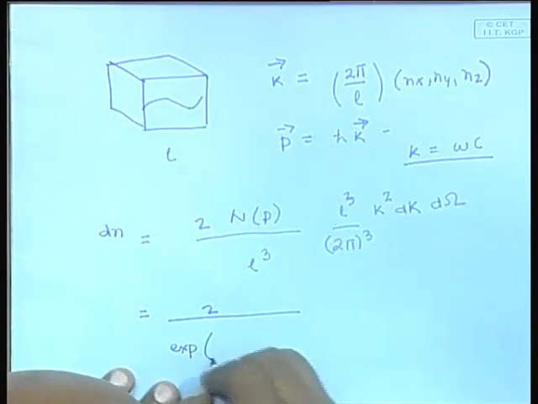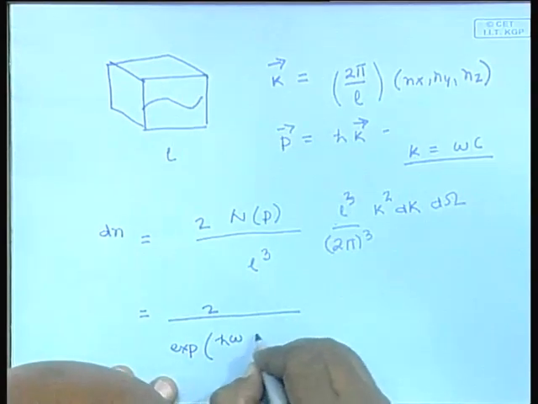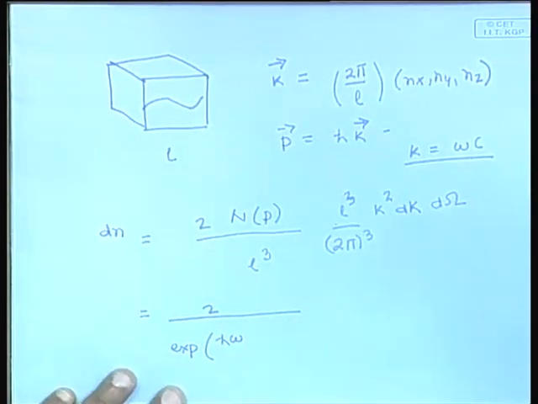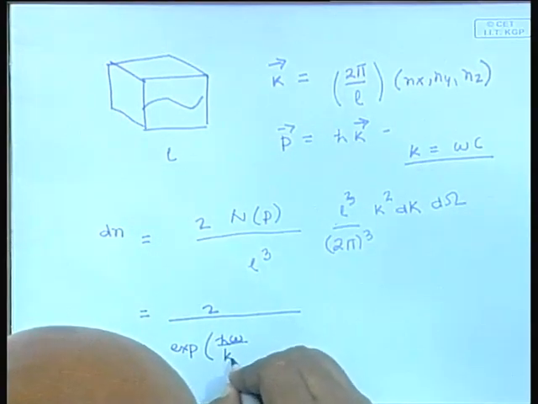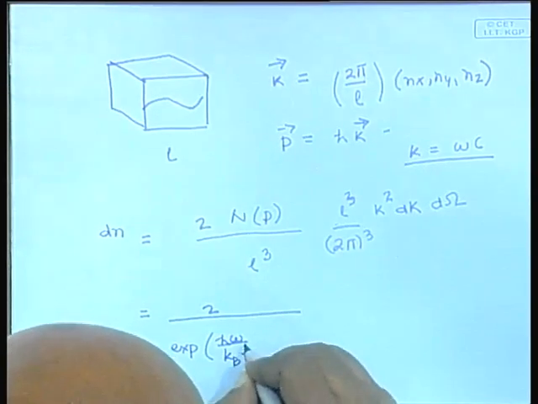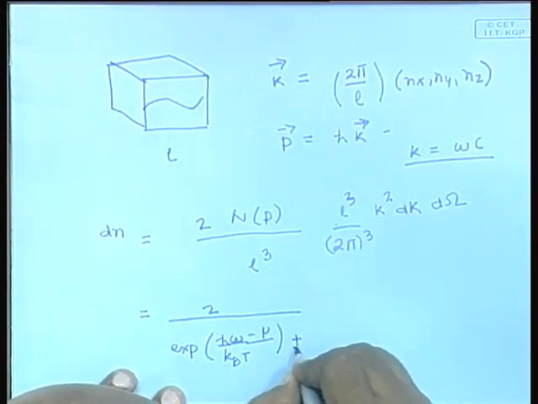exponential of (h cross omega minus mu). Let us also assume that the chemical potential is 0. So, by kB T; if required we can put in the chemical potential mu, plus minus 1.